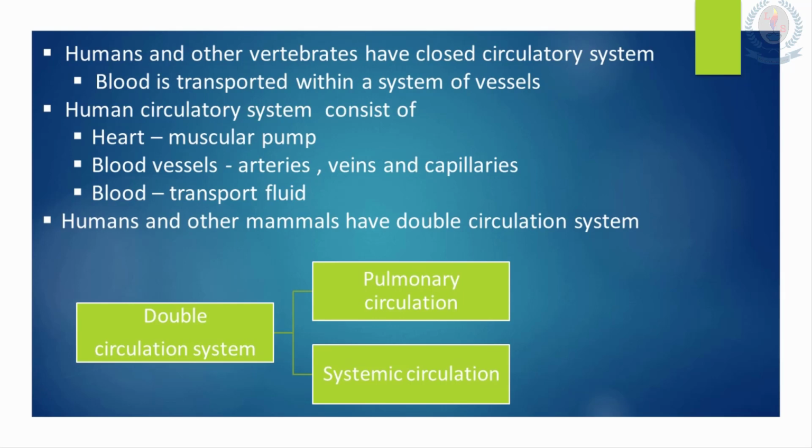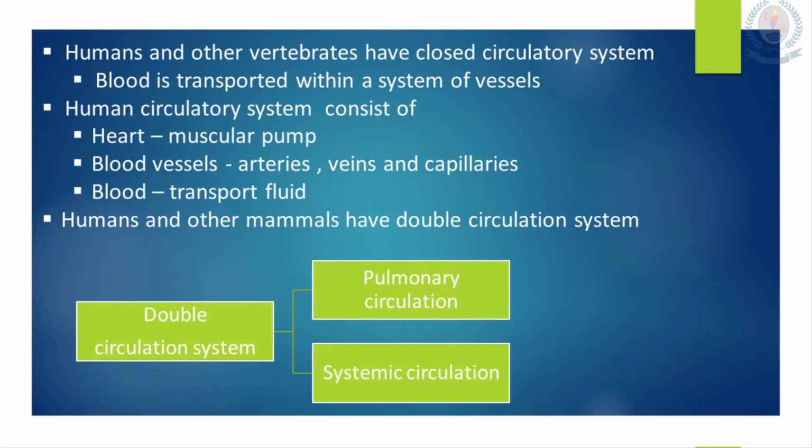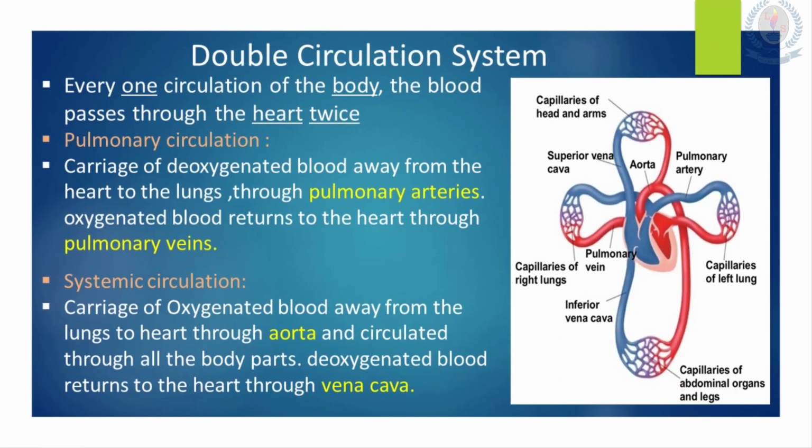Humans and other mammals have a double circulatory system. This double circulatory system has two parts: pulmonary circulation and systemic circulation. Now let's see what this double circulatory system is. In every one circulation of the body, the blood passes through the heart twice.